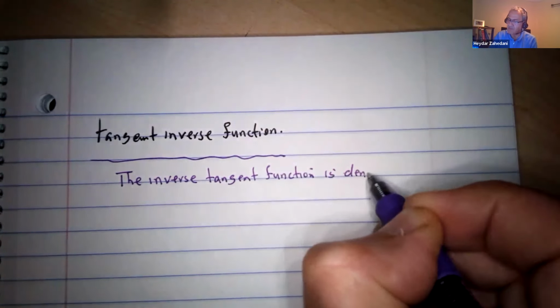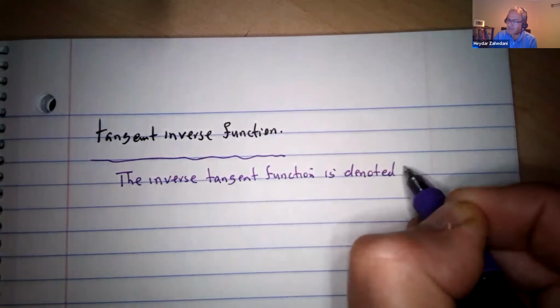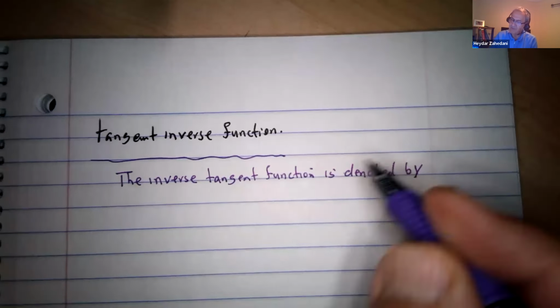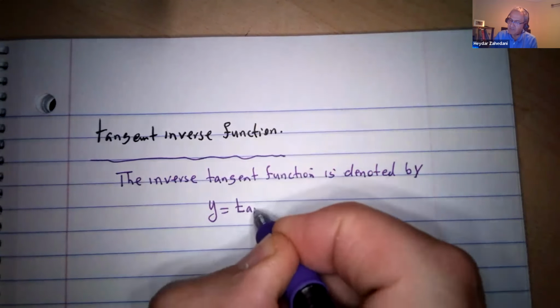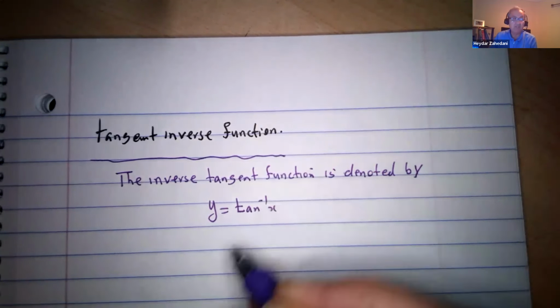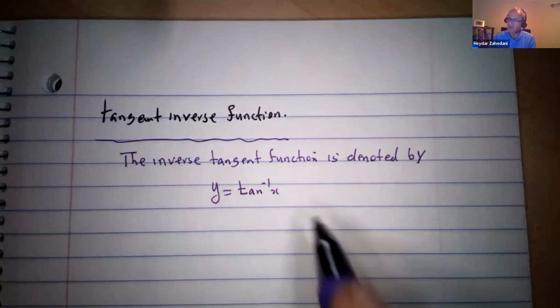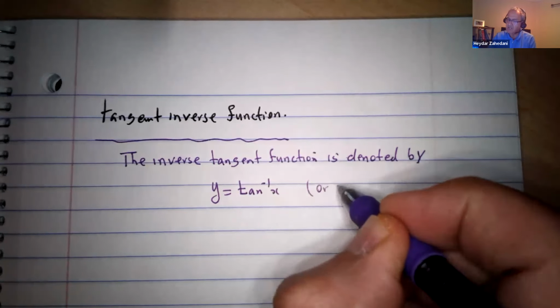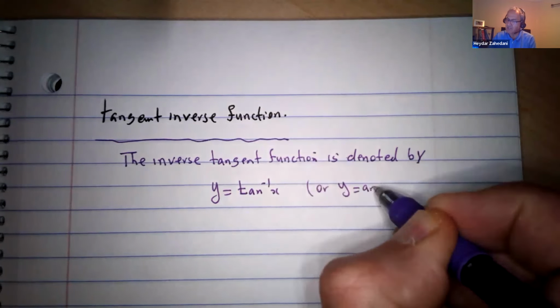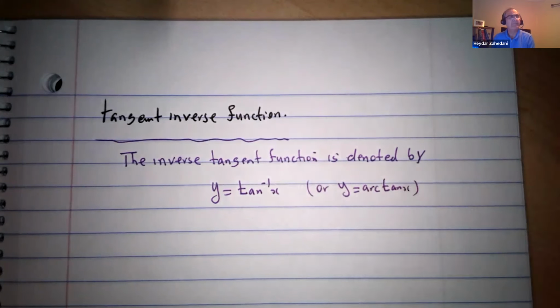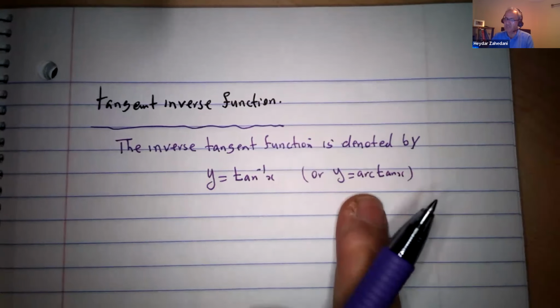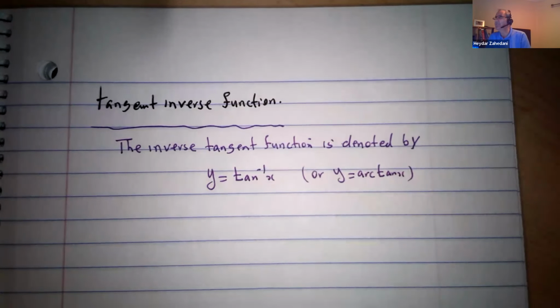again, is denoted by y equal to tan inverse of x. We are not going to use the notation arc tan x, but if you see it, it's the same thing. I avoid this notation because it's not a precise one.